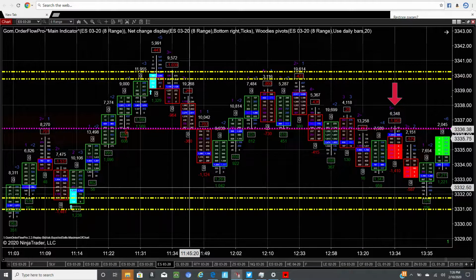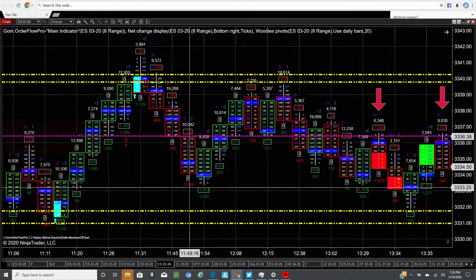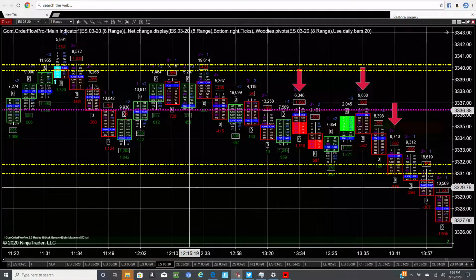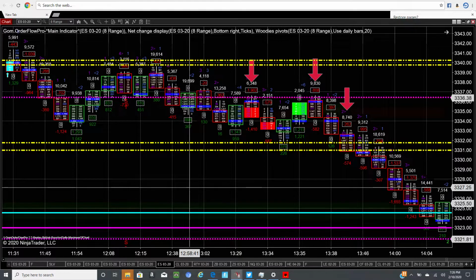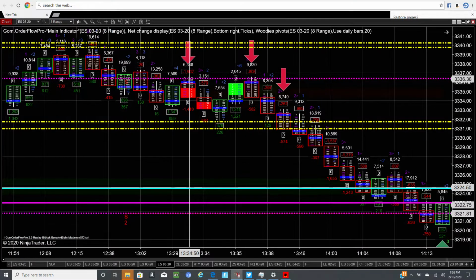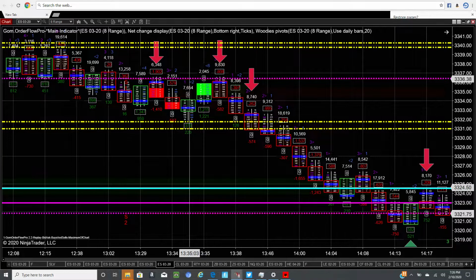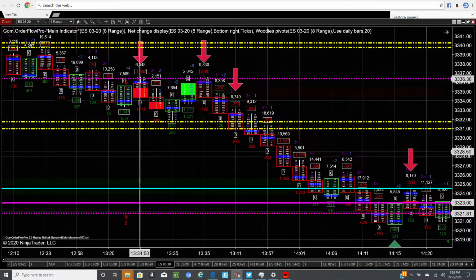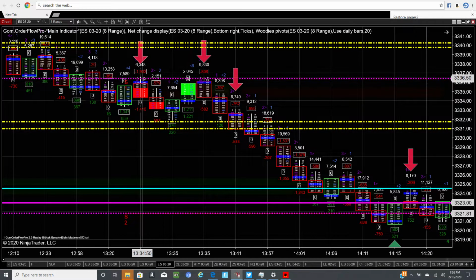Because if you start to take every single signal that's coming your way, it's going to cloud your judgment after a period of time. And you're going to start to get cocky. You don't want to get cocky. Okay, once again, we have another pivot sell here. We're right at the Woody's pivot.